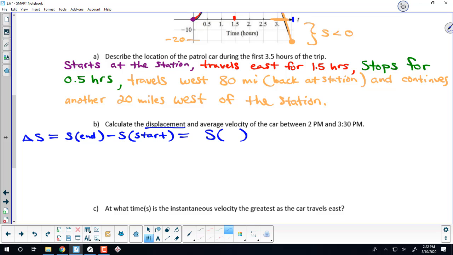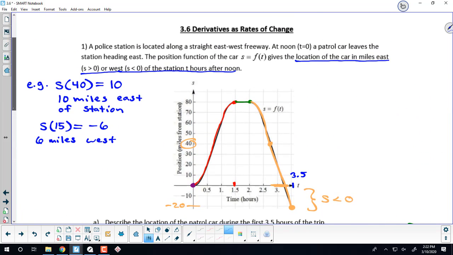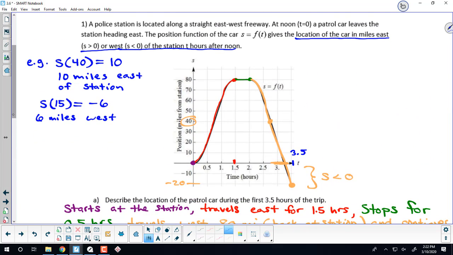The 3:30 corresponds to a t-value of what? So it says in that second sentence, at noon, time equals 0, the patrol car leaves the station. So 3:30 corresponds to t equals 3.5, right?